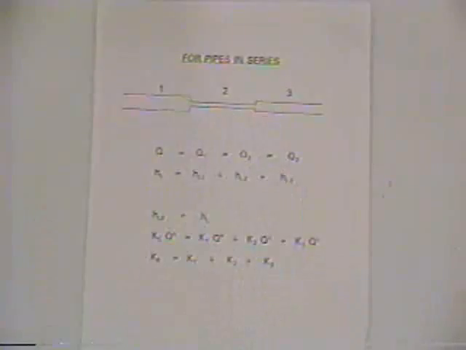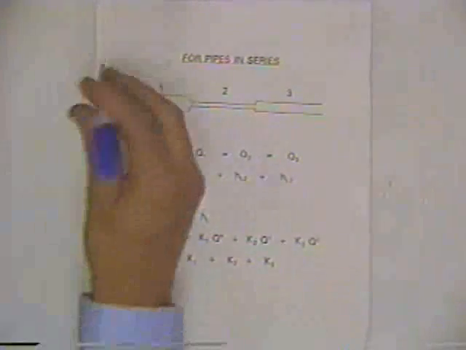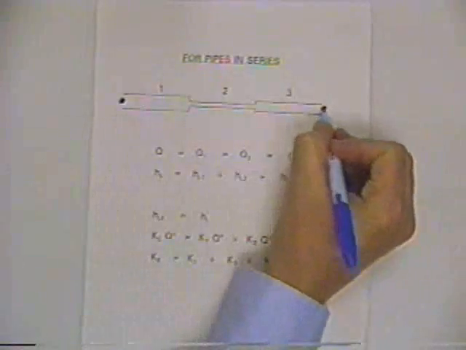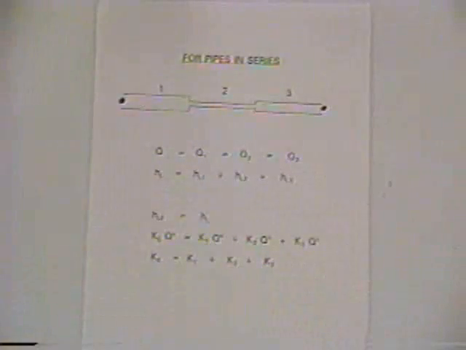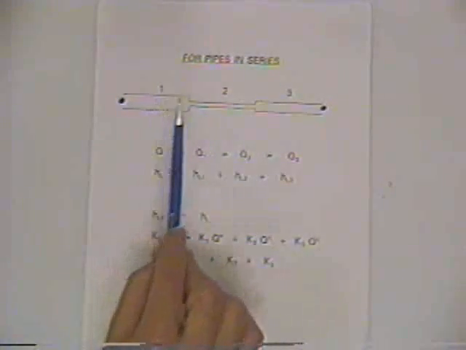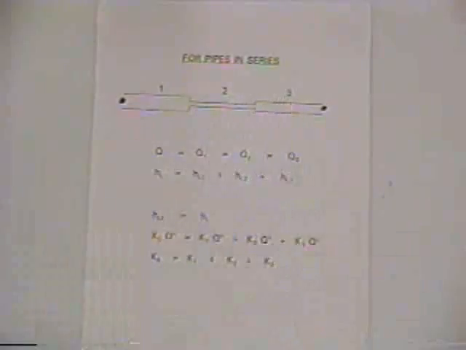So the Q's are going to be the same in all three pipes. What about head losses? The head loss is just the difference in head there and the difference in head there, so the total head loss between those two points is simply the head loss in this pipe plus the head loss in that pipe plus the head loss in that pipe. The Q's are the same, and then you sum up head losses to get the total.